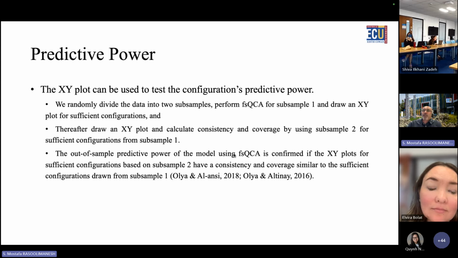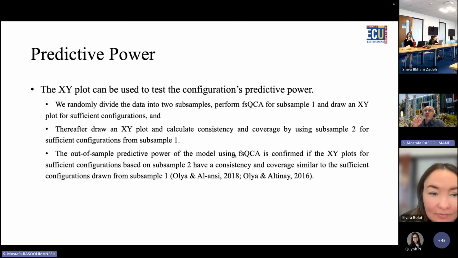So to calculate predictive power, if you are familiar with asymmetrical analysis, especially PLS-SEM, PLS-SEM is a prediction oriented approach, and we have some methods like PLS predict to calculate and identify predictive power of our model.